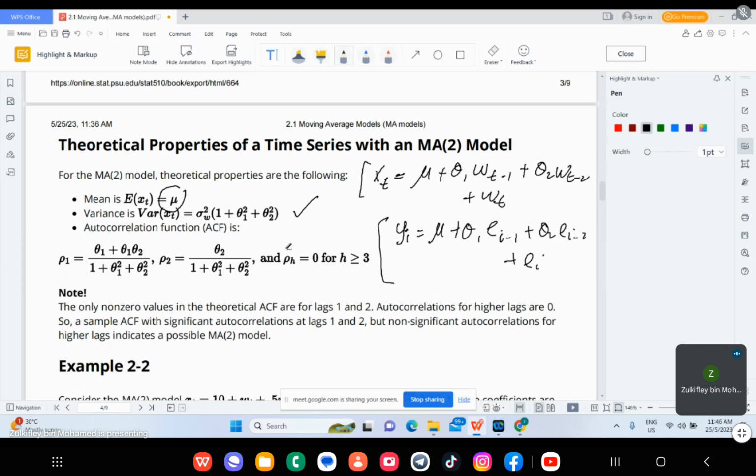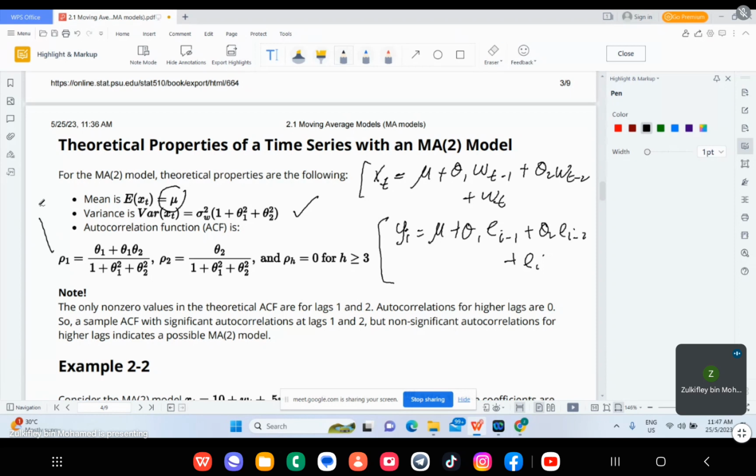Kita ada dua saja, rho 1 and rho 2. Rho 3 is equal to 0, rho 4 equal to 0, up to rho q all equal to 0. So to find rho 1 ataupun autocorrelation for 1 is equal to theta 1 plus theta 1 theta 2 over 1 plus theta 1 square plus theta 2 square. That is rho 1. Kita ada dua rho. So MA2 kita ada dua rho. MA1 kita ada satu rho.